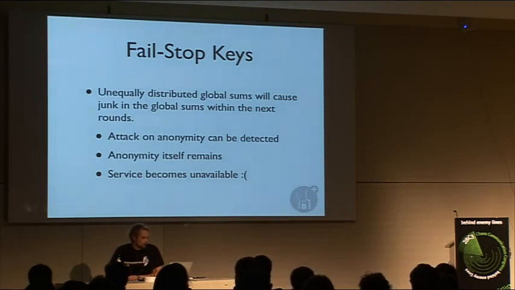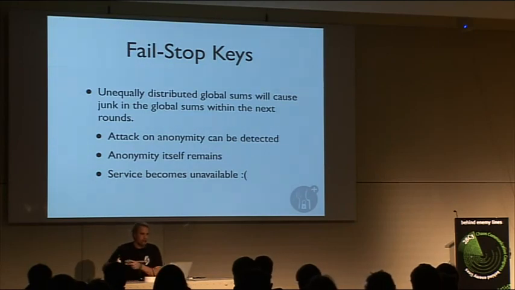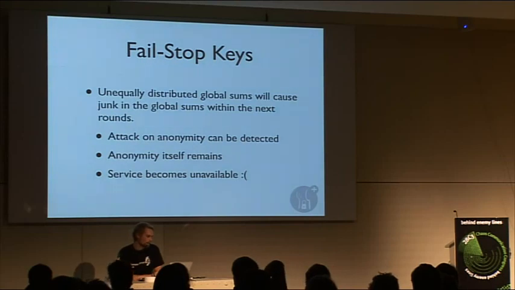The anonymity itself remains. The bad side is that the service becomes unavailable, because once there is junk in the global sum, it will propagate into the following sums. So if you design such a protocol, you also need to think about how to resync or restart the service.